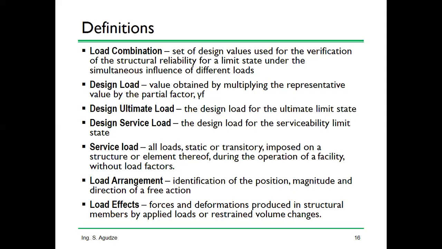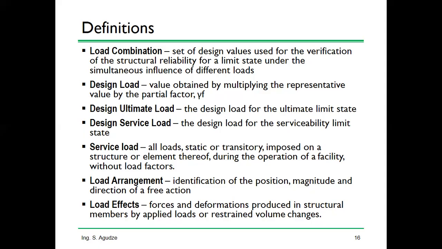For example, if we take a classroom, if we are there learning, dead load is already there, and then imposed load is also there. We are the imposed load, so the two are acting. If maybe there's a strong wind blowing, then dead, imposed, and wind load are all acting. If let's say we end our lecture and all of us leave the classroom, and assuming we have also removed all the chairs and the tables, it means the only load acting at the moment is dead load.